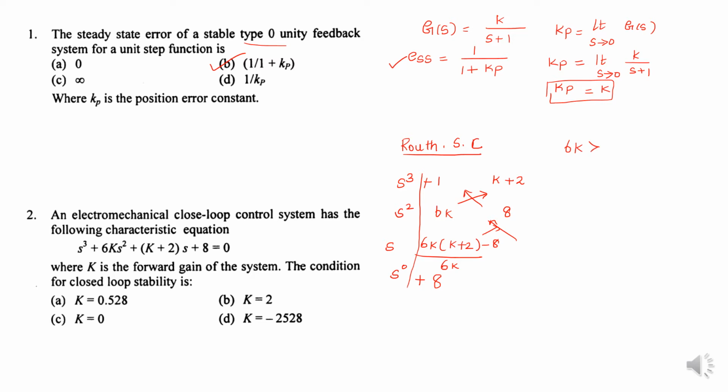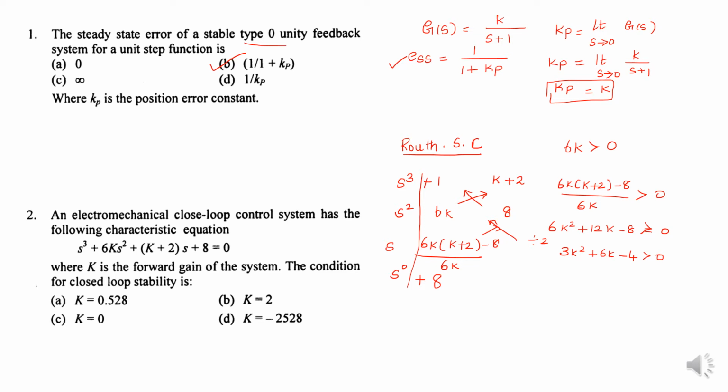So 6k is greater than 0, and 6k into (k plus 2) minus 8 divided by 6k is greater than 0. Now I have to expand this: 6k square plus 12k minus 8, divided by 2. So 3k square plus 6k minus 4 is greater than 0.